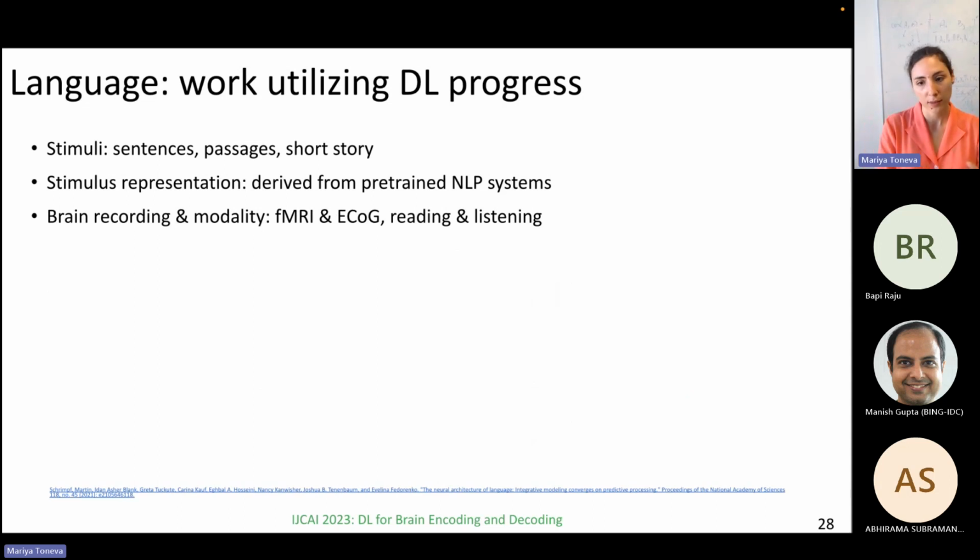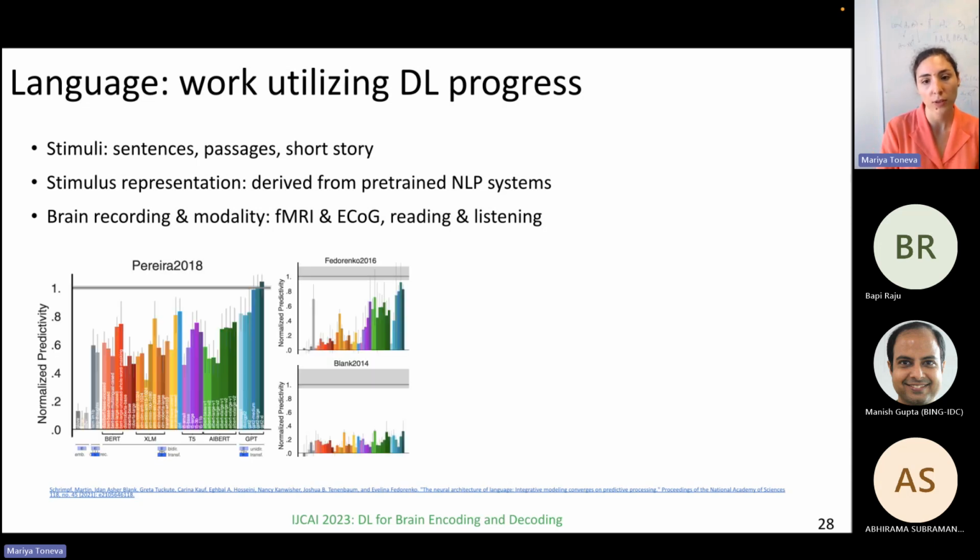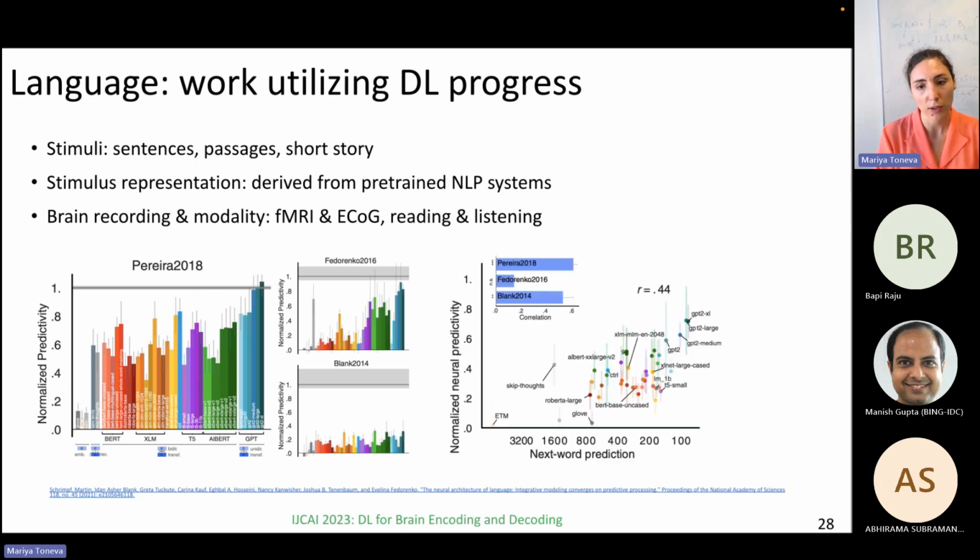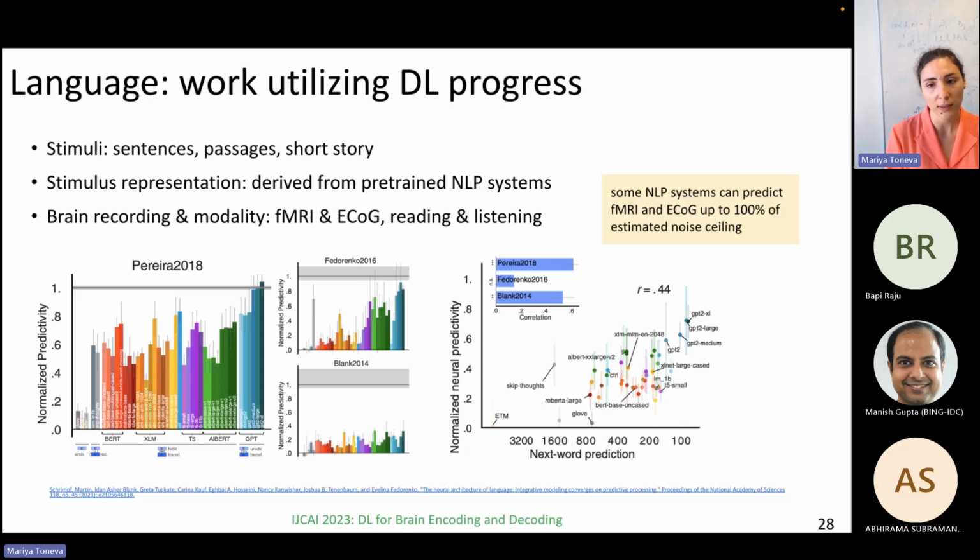And there are a few works in this line that have shown this for a broad range of models. This is work at PNAS by Martin Schrimpf and colleagues. Here they show that both in fMRI and ECOG, which is another type of brain imaging, and in reading and listening, they find this correlation between the ability to predict the brain response and the ability to predict the next word.